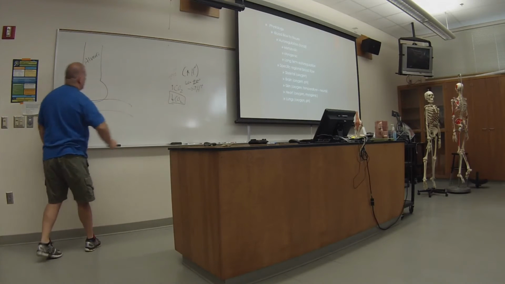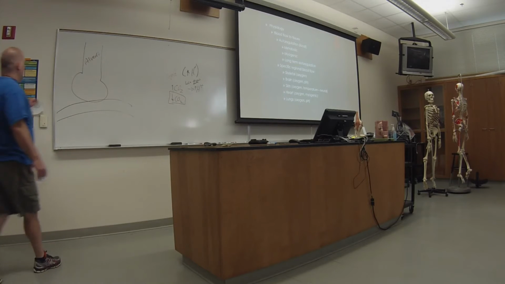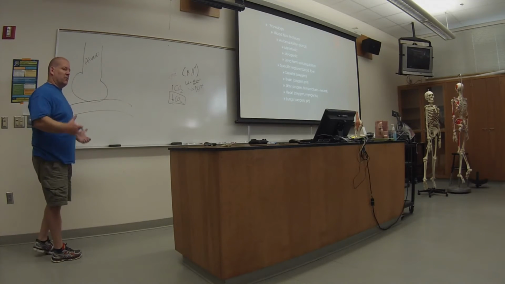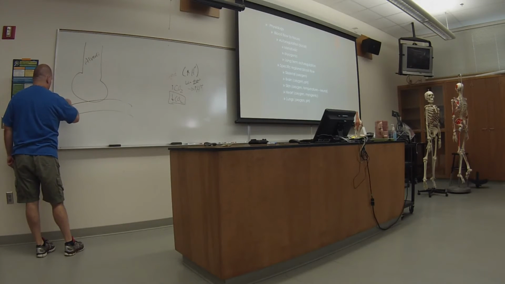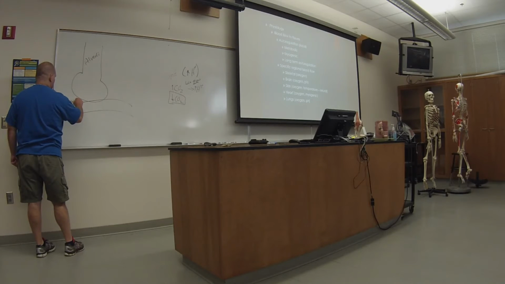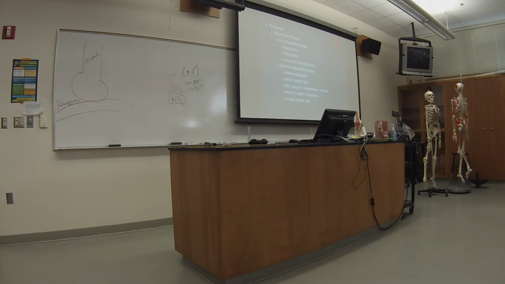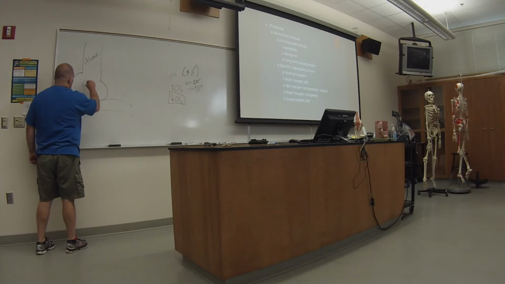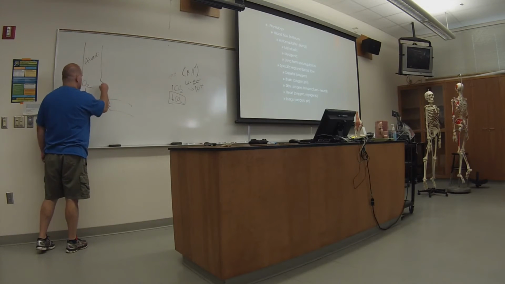This is basically the general description of the pulmonary system. Okay? This is that blood's going to come to the area, pick up oxygen, and get rid of carbon dioxide.